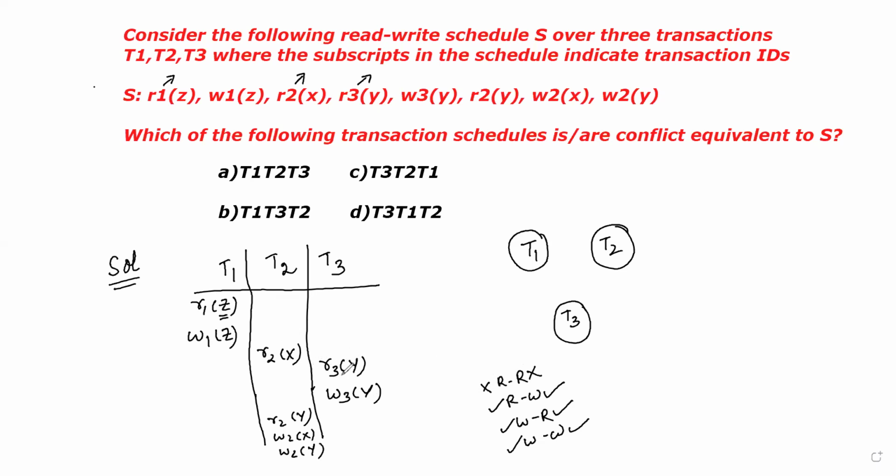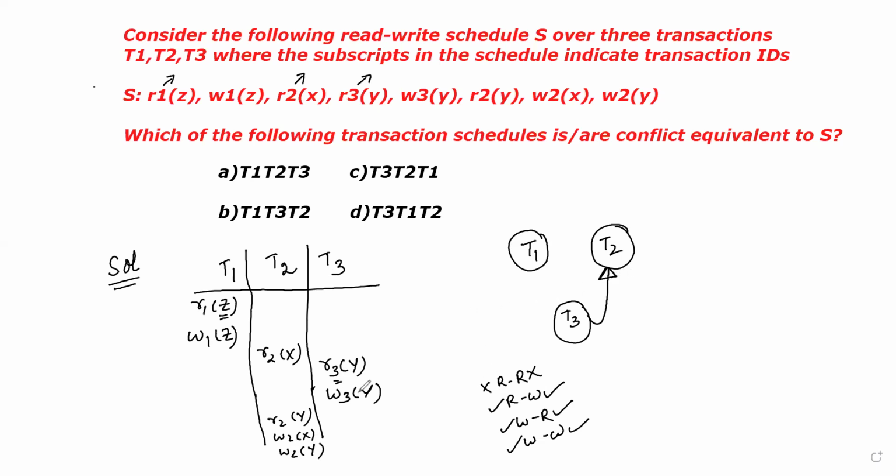Read Y, write Y. This is a conflict pair because it is read-write. Remember, you don't bother about the number, just about the value Y. Read of Y, write of Y: there is a conflict between T3 and T2. So we draw the line from T3 to T2. This is the way to draw the graph.